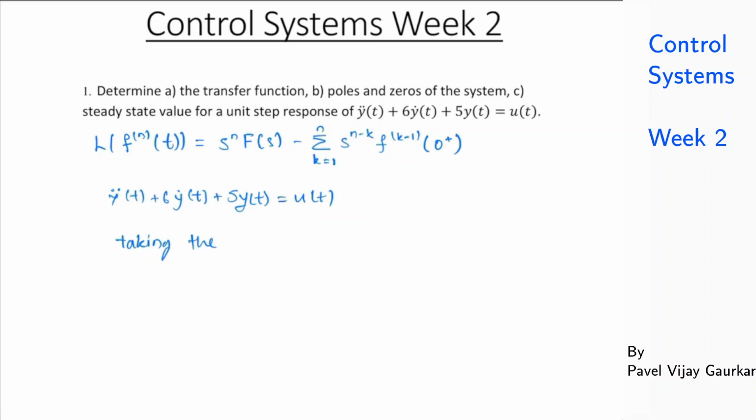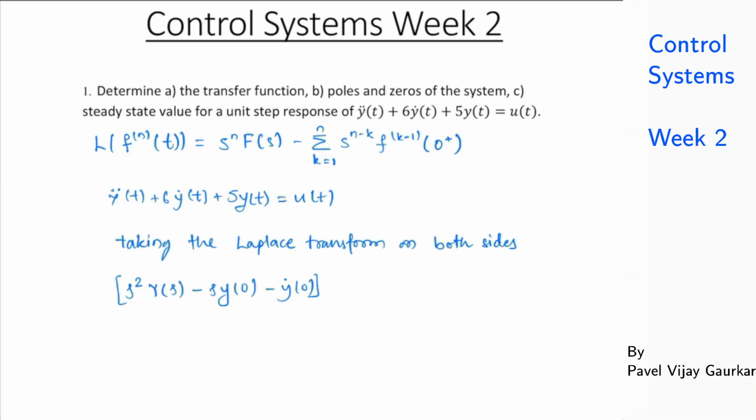Taking the Laplace transform on both sides, we obtain this expression: s squared Y(s) minus s y(0) minus y dot(0) for the first term.